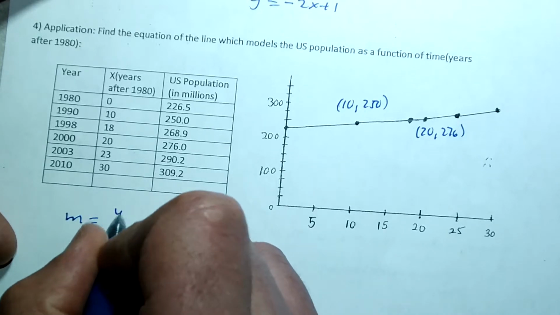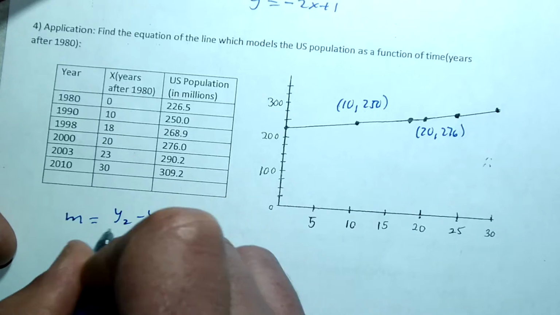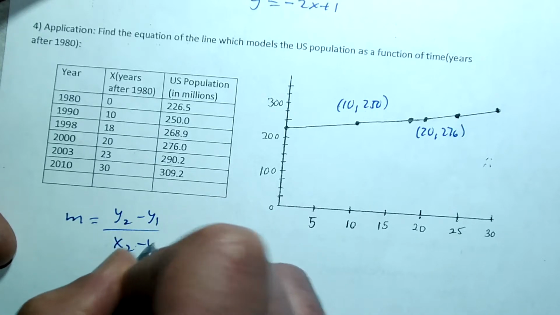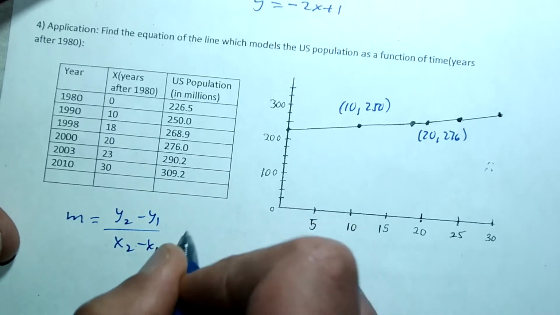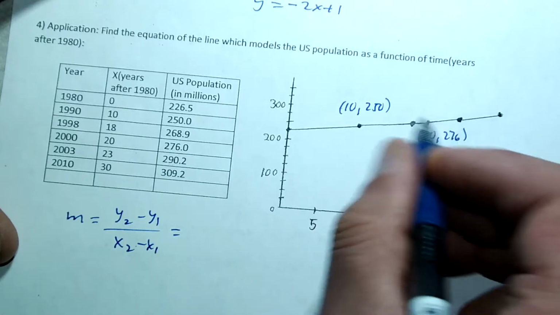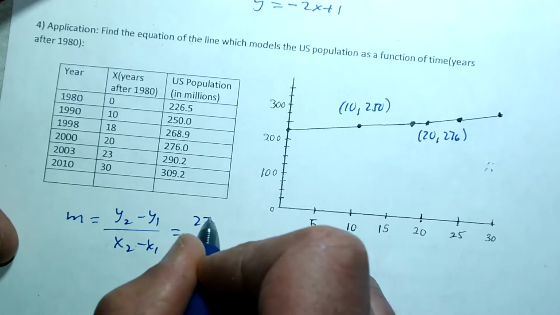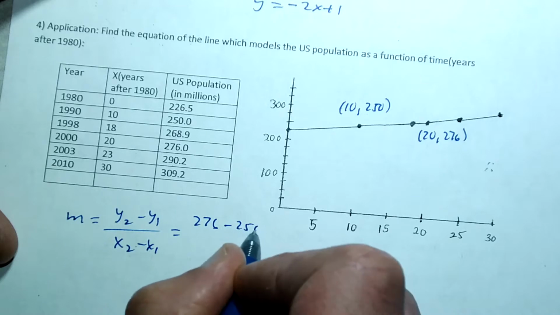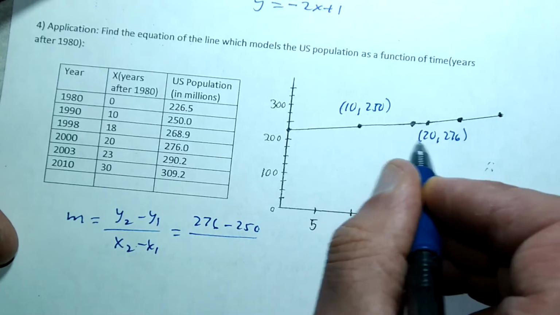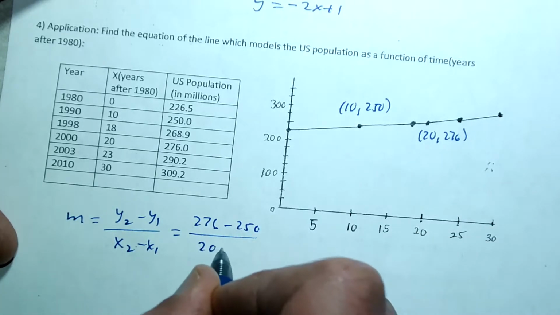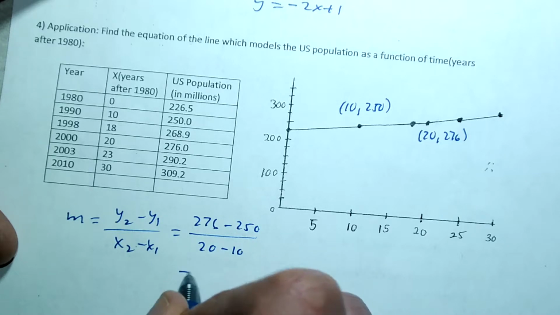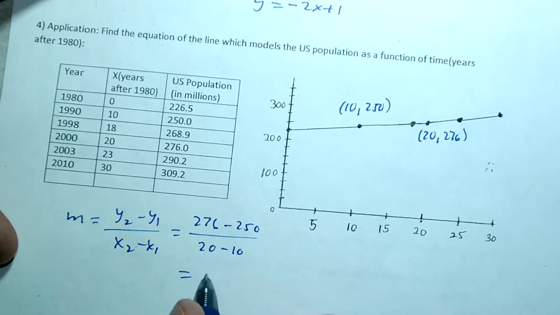That is the change in y over the change in x. In this case, that would be 276 minus 250, that's the change in population, over 20 minus 10, or 10 years. And that turns out to be a difference of 26 million people over 10 years.